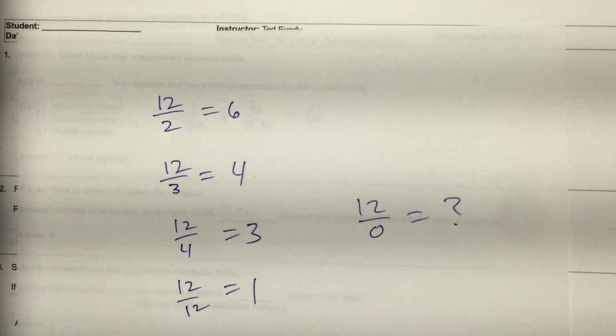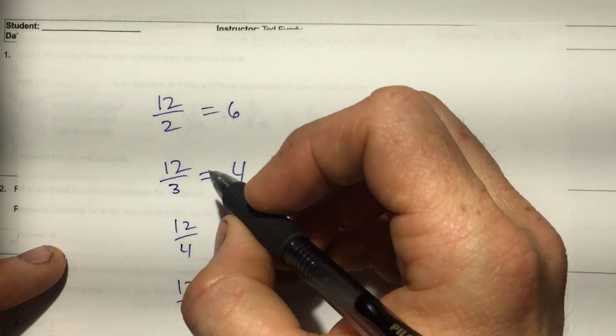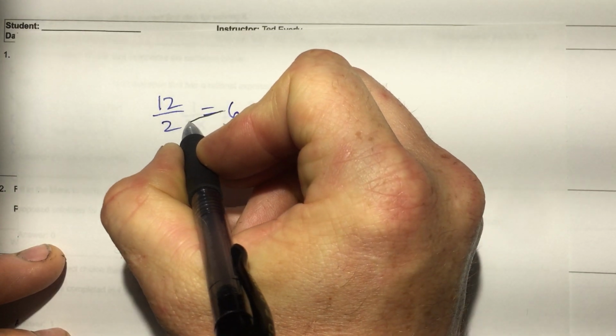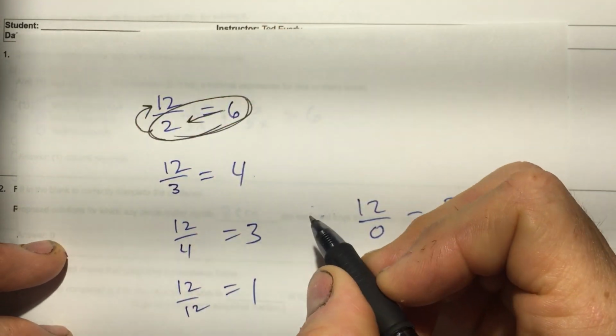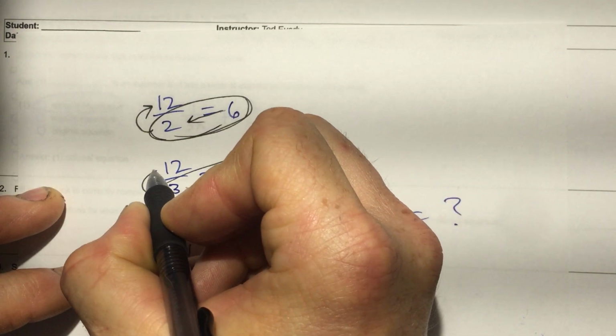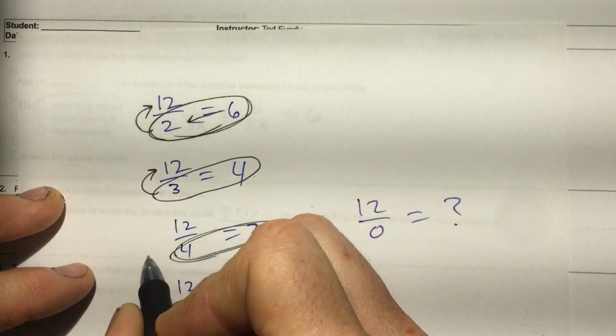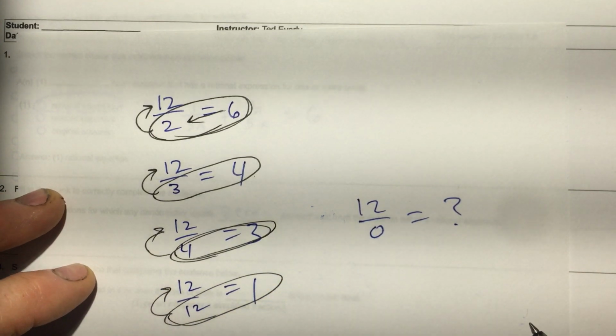When you have division, math always has inverses. And so what I can do is go backwards on this. If I take this 6 times this 2, 6 times 2 is 12. Same thing here, 3 times 4 is 12. 4 times 3 is 12. 12 times 1 is 12.